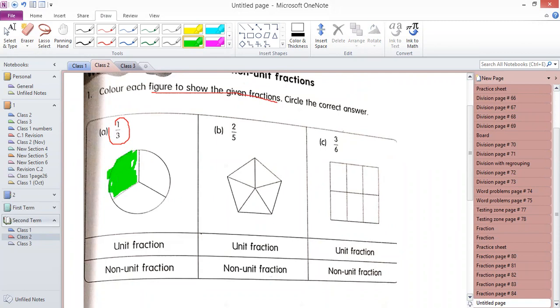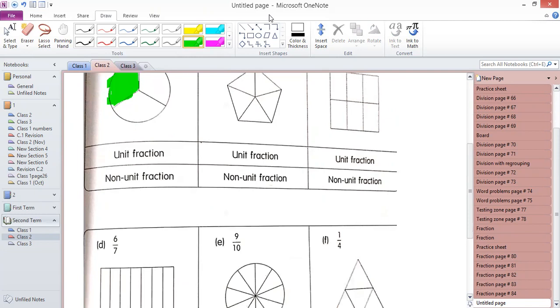So this will be like this, 1 over 3. This is 1 over 3, guys. 1 over 3 means 1 out of 3 should be colored, right?